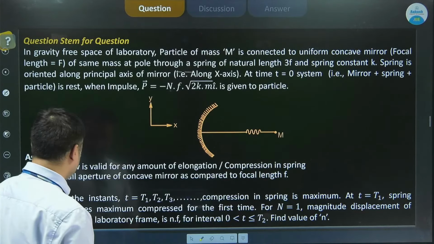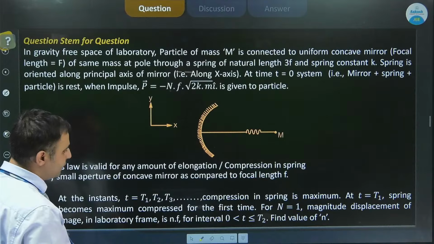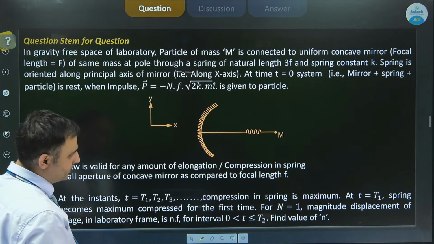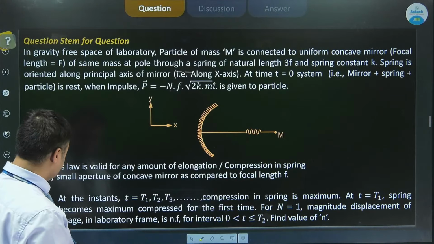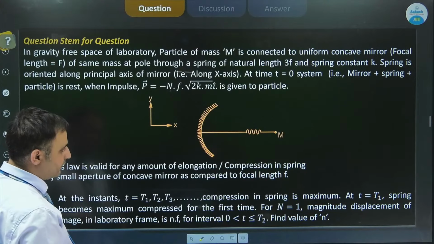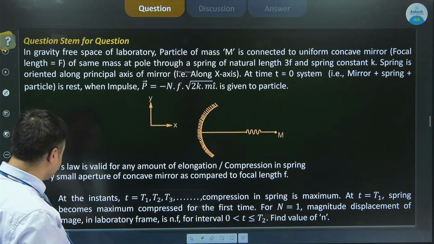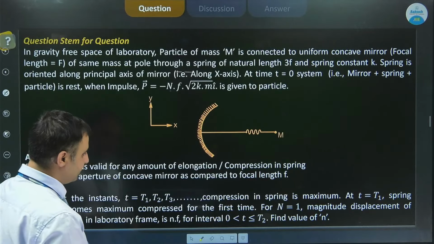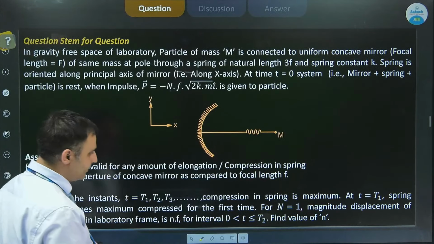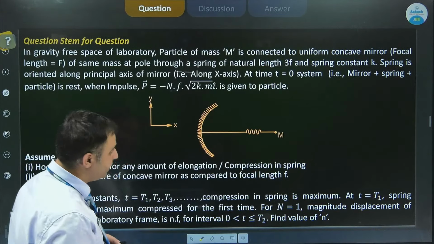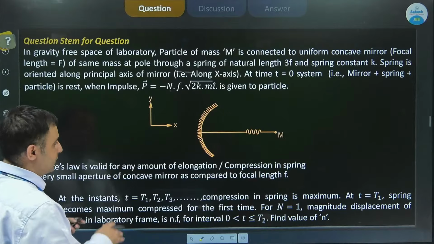At the instants t is equal to t1, t2, t3, t4, compression in the spring is maximum. So at t is equal to t1, the spring becomes maximum compressed for the first time. For n is equal to 1, the magnitude of displacement of image in lab frame is nf, and we have to find the value of n for the interval 0 to t2.